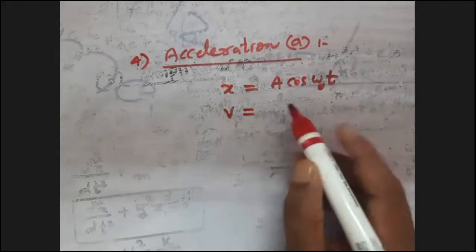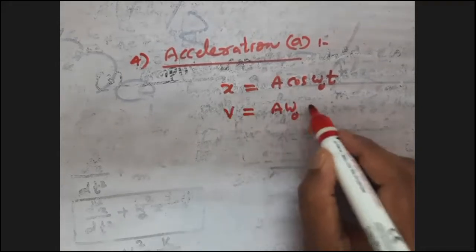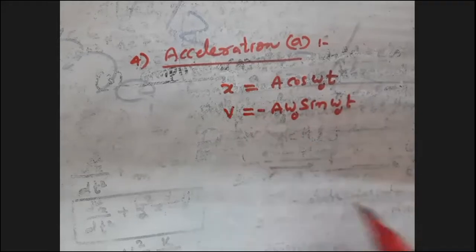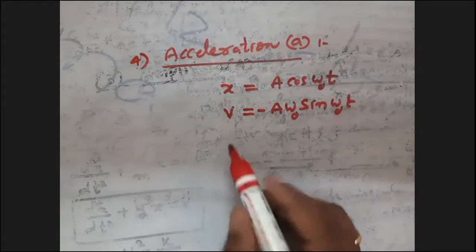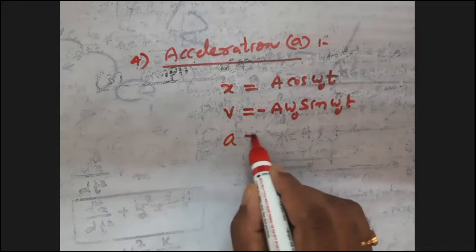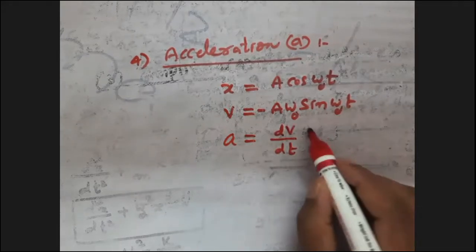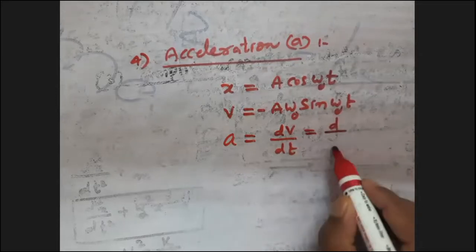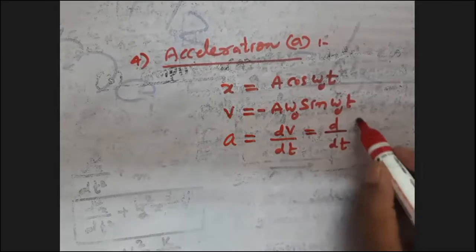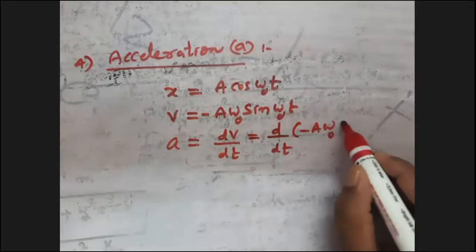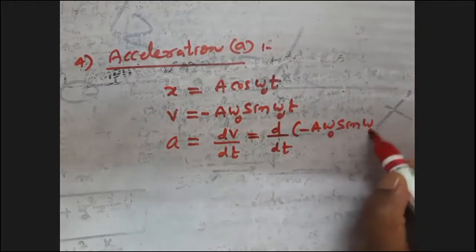The velocity we got is minus a omega naught sine of omega naught t, where the minus sign is there. Now acceleration is equal to the rate of change of velocity, that is dv by dt, equal to d by dt of minus a omega naught sine of omega naught t.